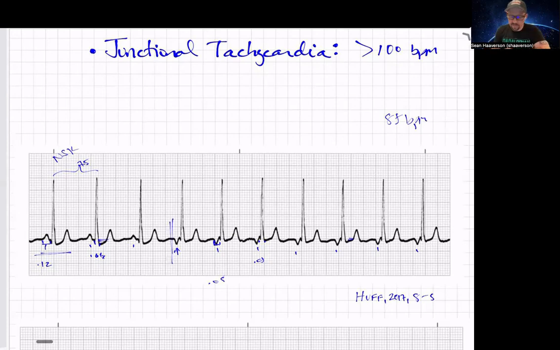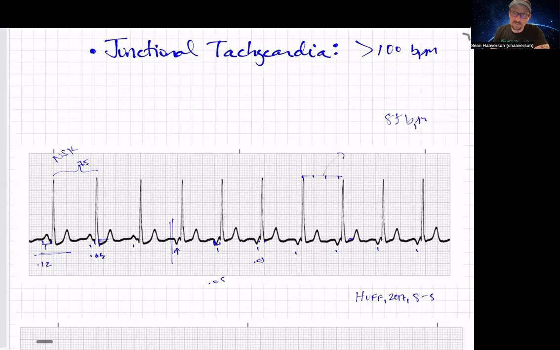That's going to be present all the way until we get to right here. And once we get to that point, we now have a new rhythm. So if we're looking at this rhythm, let's go ahead and find a representative beat that's about on point. So that one looks there, so 300, 150, 175. So yeah, this is going to be around 75, 80 for this range. So this would qualify as a junctional beat.